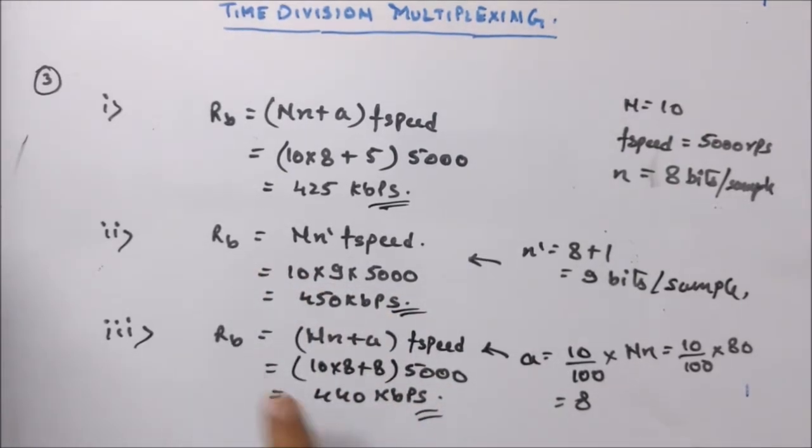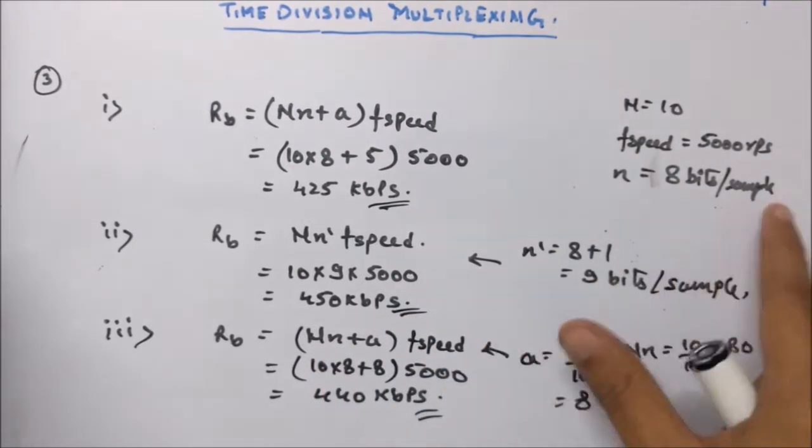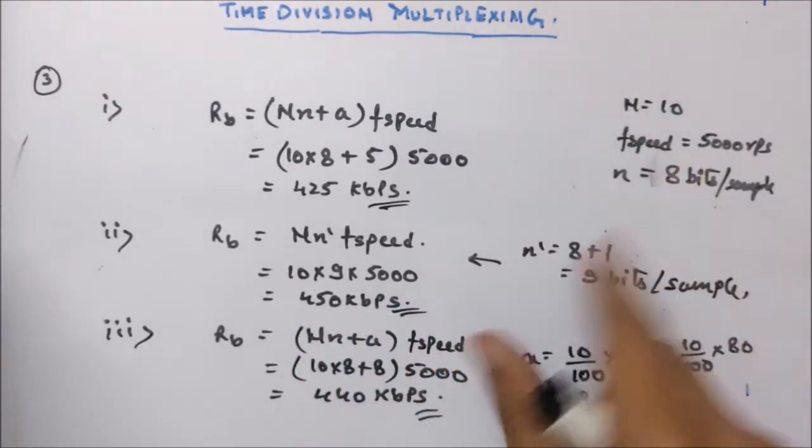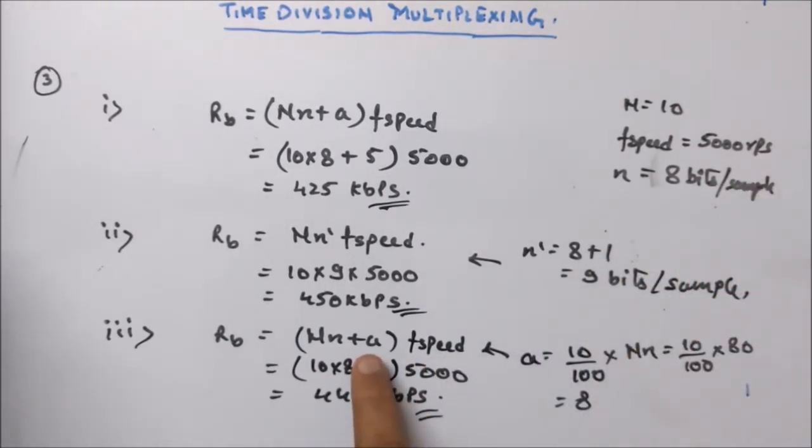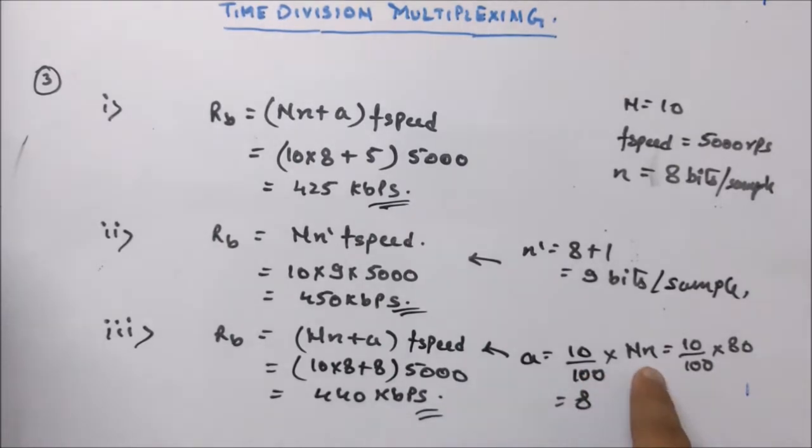Now for the third case, the value of n is same as 8 bits per sample, capital N is 10, f speed is 5000, but the value of small a will be 10% of the original binary sequence. The number of bits in the original binary sequence was capital N into small n.